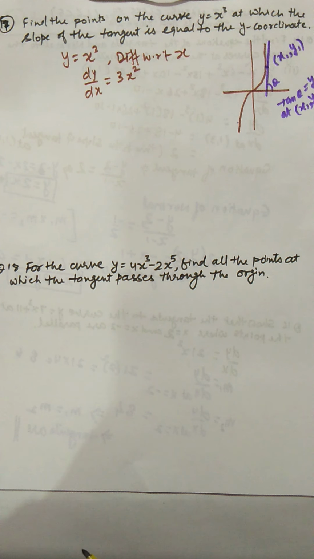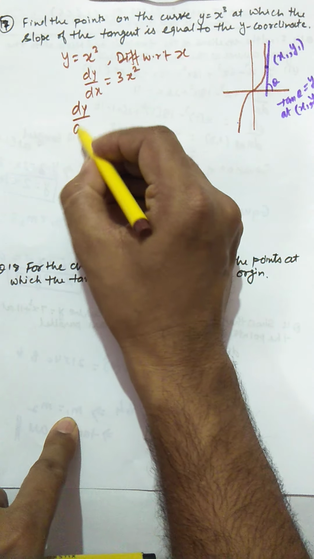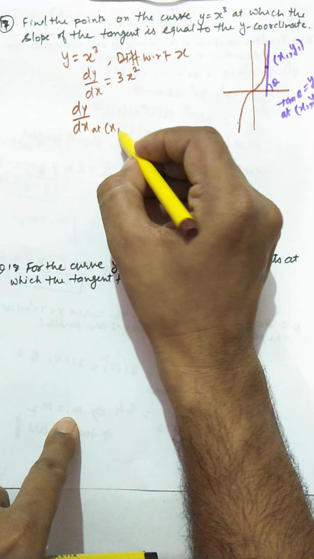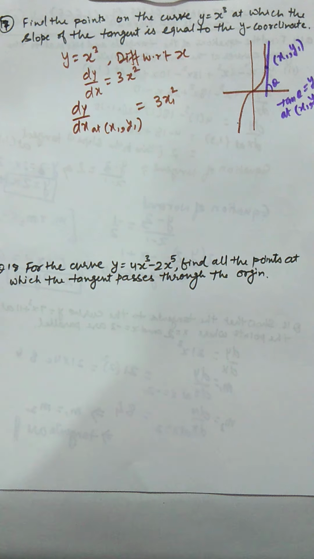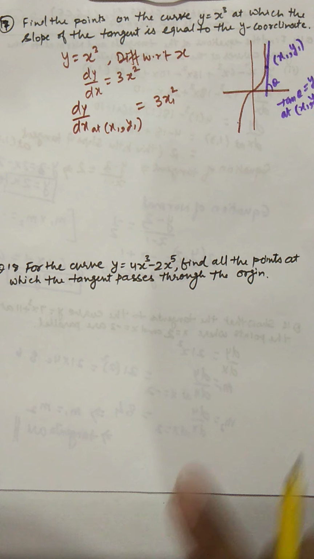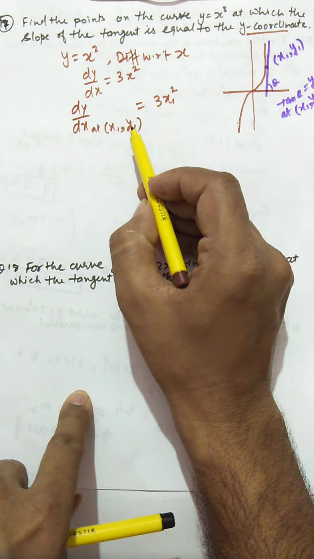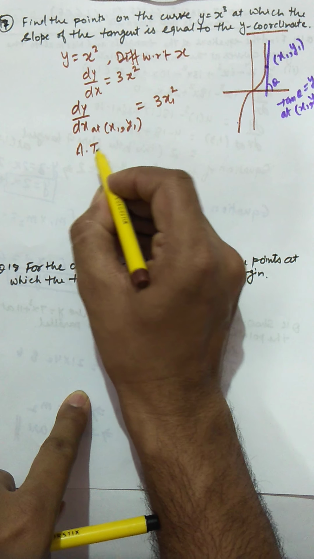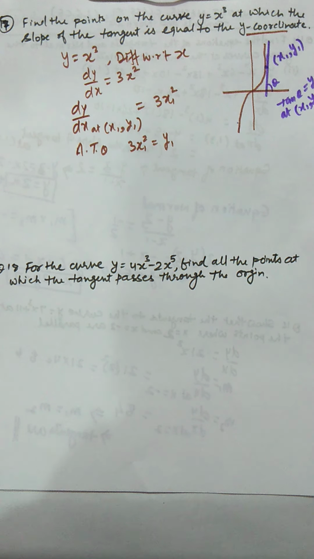Now according to the question, the slope of the tangent at the point, let the point be x1 comma y1, is dy by dx at x1 comma y1, which is 3x1 square. They are saying this slope is equal to the y coordinate, so 3x1 square is equal to y1.